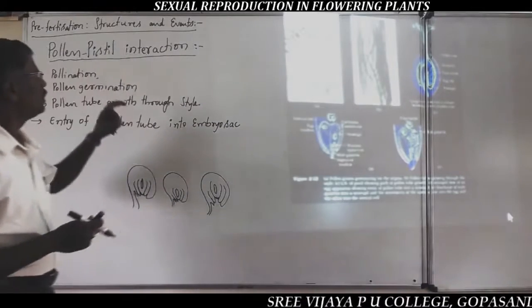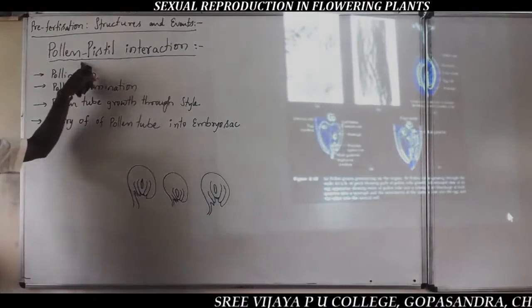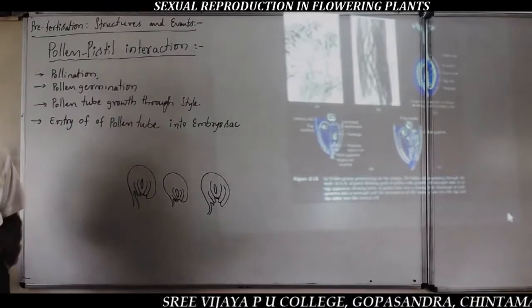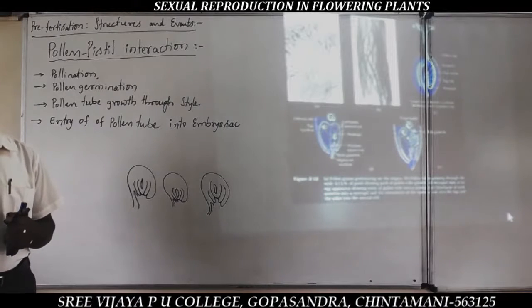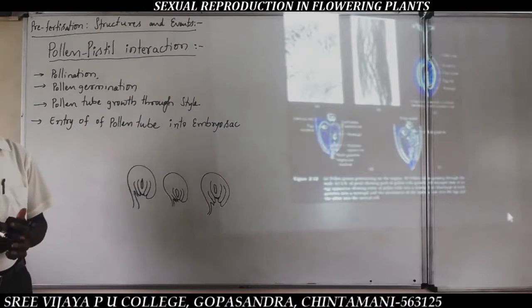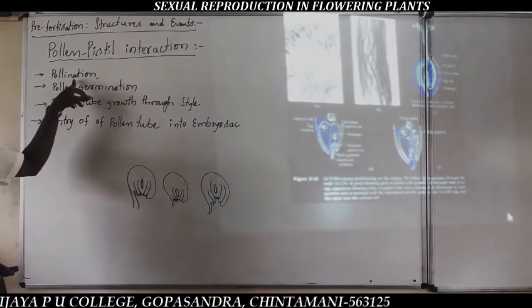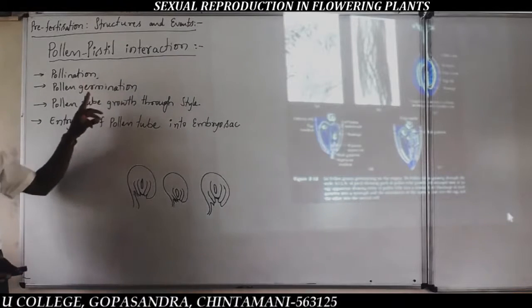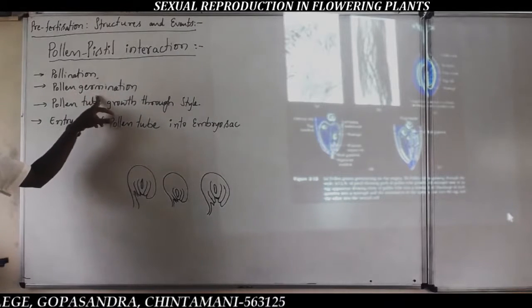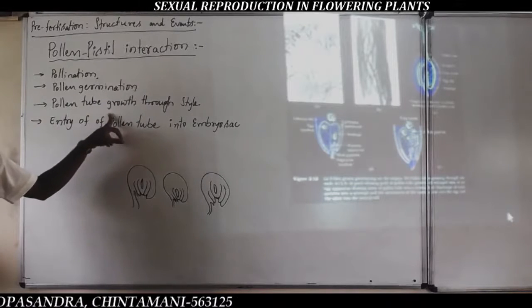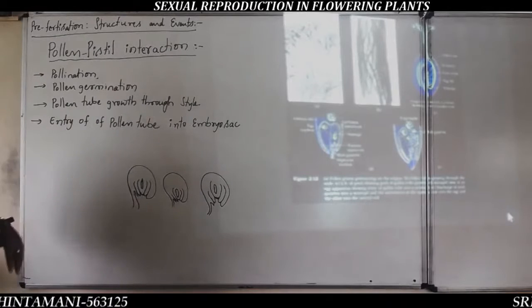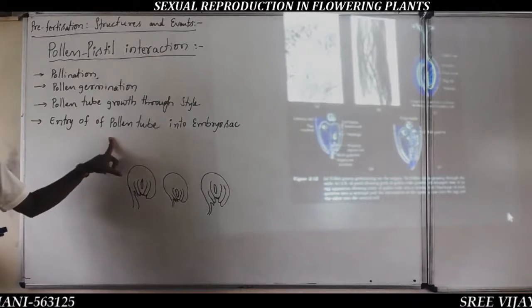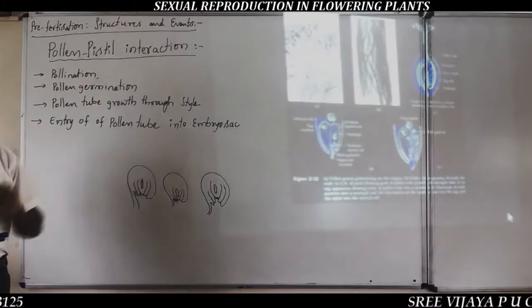We also discussed a little bit about pollen-pistil interaction. In pollen-pistil interaction, a number of events occur. Those events are pollination, pollen germination, pollen tube growth through the style towards the ovary, and entry of the pollen tube into the embryo sac.